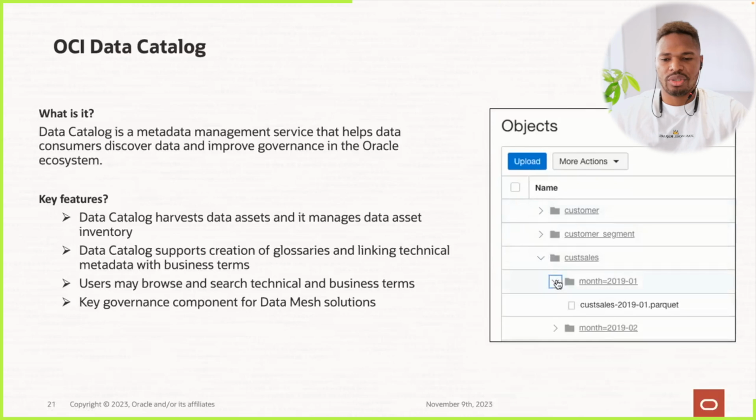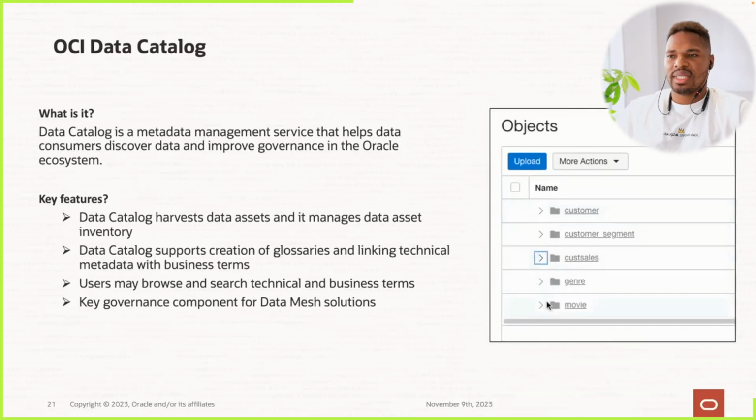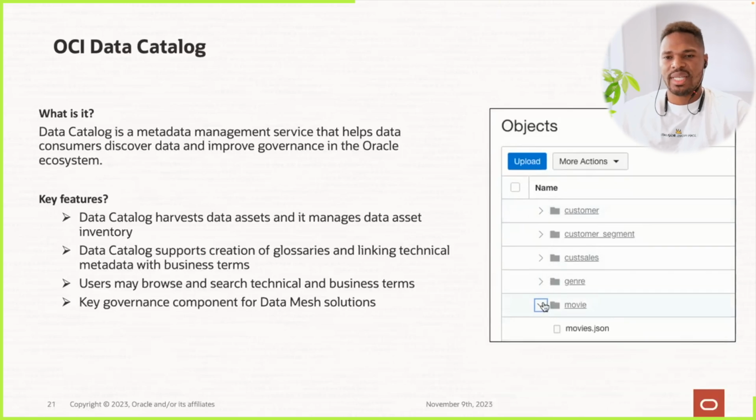So basically, in short, what this one does is that it allows you to retrieve all of the technical metadata of your data assets wherever they reside, be it the object storage, your HDFS, or even the Hive metadata stores. And apart from retrieving this technical metadata, you can position business information next to that, and it comes with a browser where you can search through all of the data assets you have within your whole cloud environment.